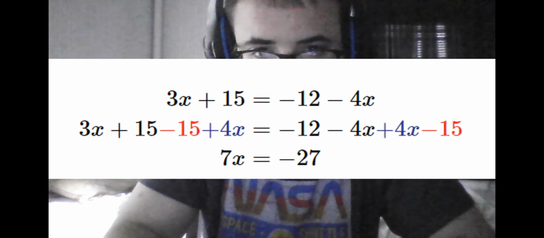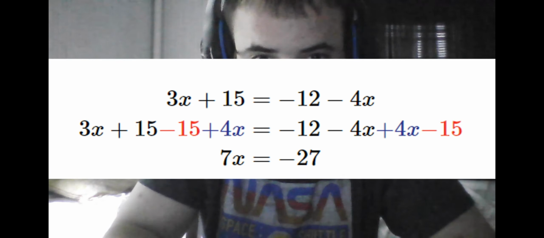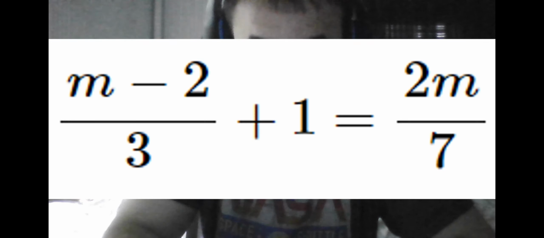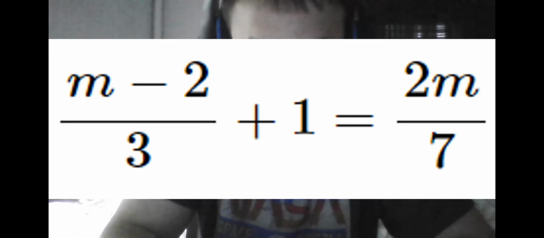and conclude that x is exactly equal to negative 27 over 7. If we are given something that does not involve straightforward distribution but fractions, like this, we can still get it in linear form by remembering how adding and subtracting fractions works.